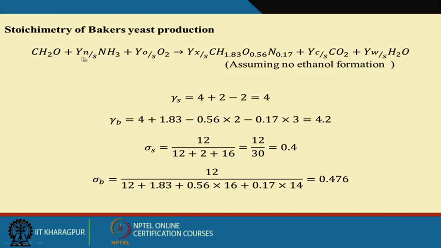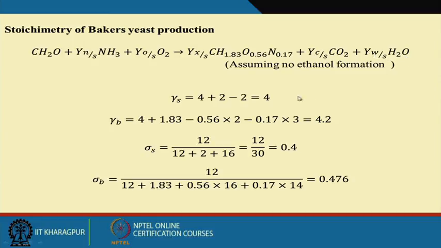Then you require, let us assume, Yn/S ammonia and Yo/S oxygen. This gives Yx/S cell mass. Let us assume the formula of Baker's yeast is like this, and Yc/S is carbon dioxide and Yw/S is water.